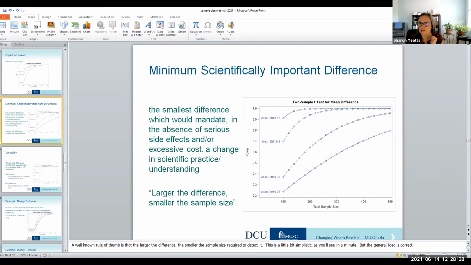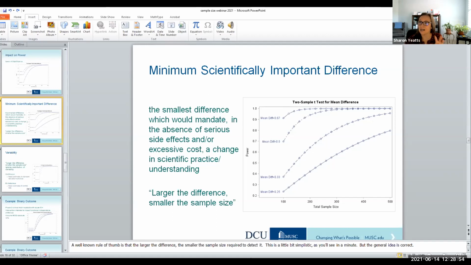For a sample size of 200 subjects, if I want to detect a difference of 0.25, I have about 40% power. If it's 0.3, my power goes up to a little over 60%. If it's 0.5, I'm up here in the 90% region. And if it's 0.67, I'm all the way up at almost 100% power.